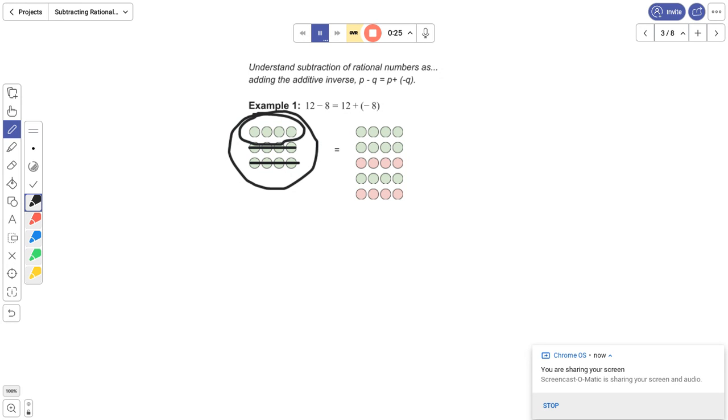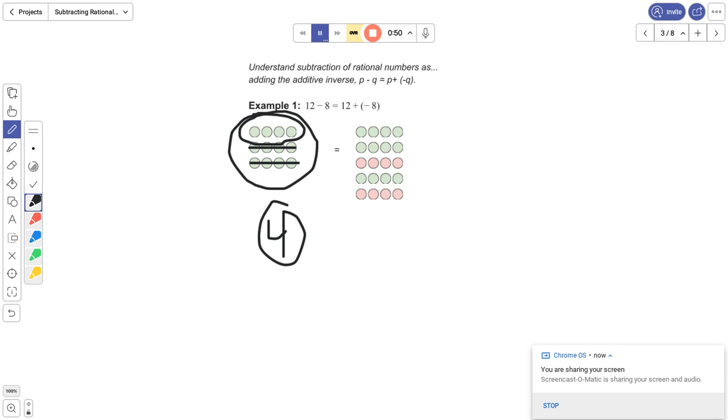I'm left with positive 4 chips. On the right side, I'm showing that 12 minus 8 can be represented as 12 plus negative 8. So if you look closely on the right-hand side, you can see that there are 12 positive green chips, and I'm adding 8 negative, or red, chips to the mix.